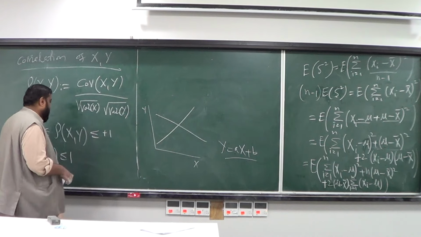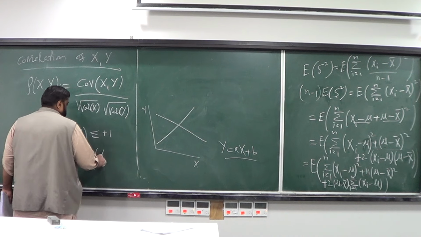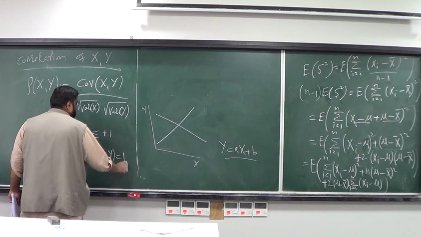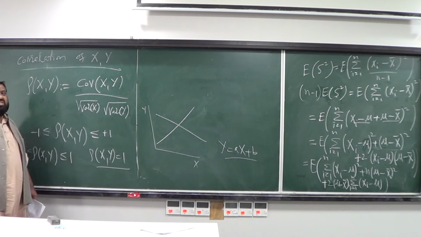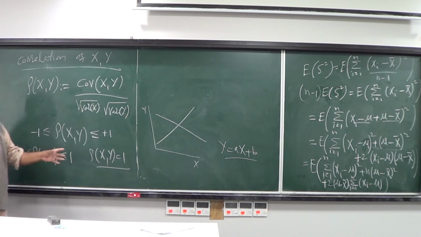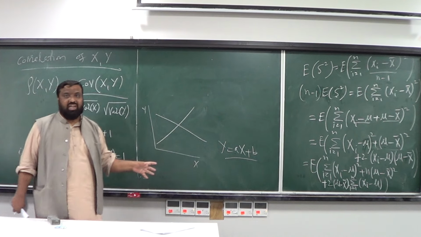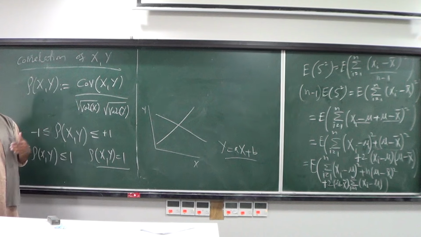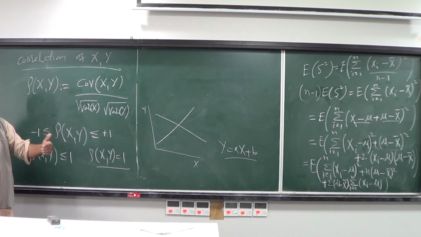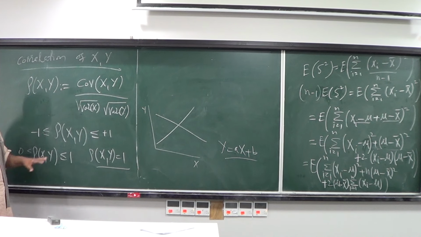And if rho of xy is exactly equal to 1, you're going to say that they are perfectly correlated with each other. They are strongly correlated: if x is increasing at a particular strength, y is also increasing at the same strength.